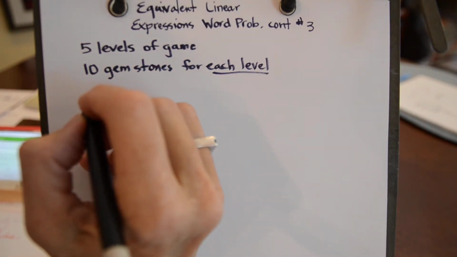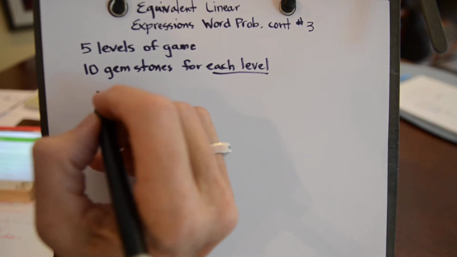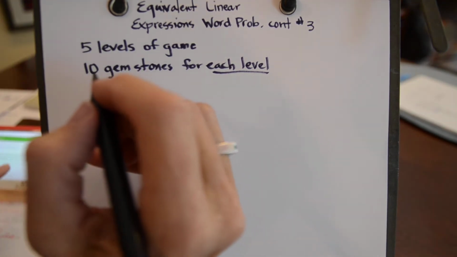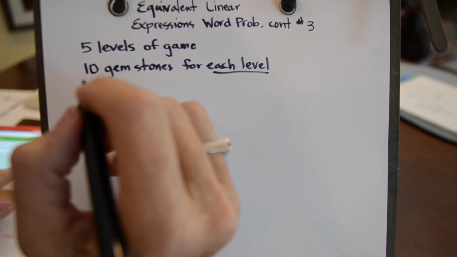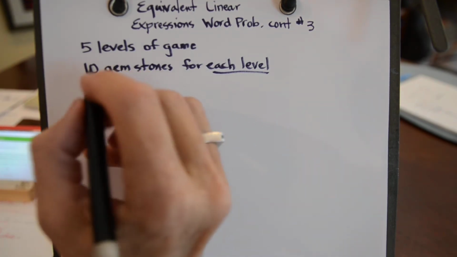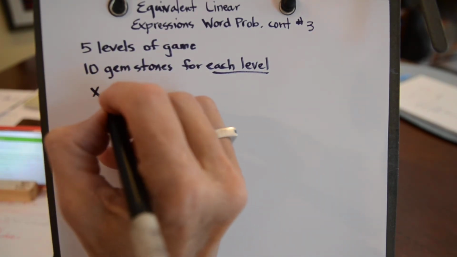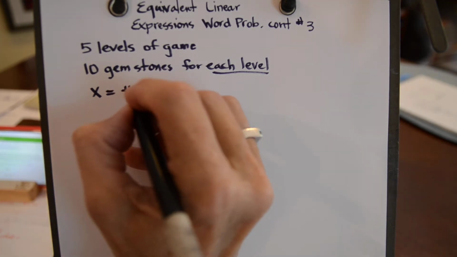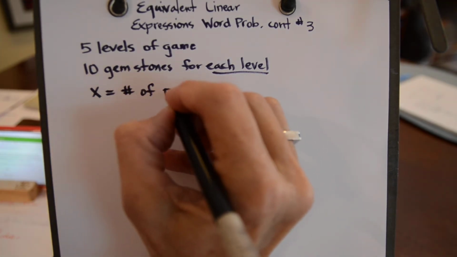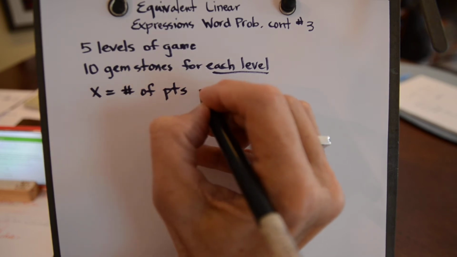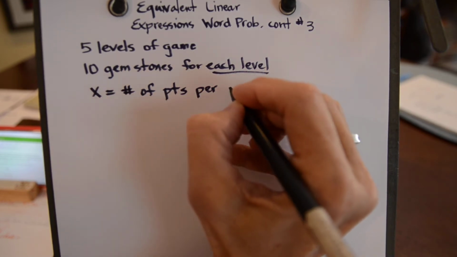And then it says he's earning X points per gemstone. So X equals the number of points per gemstone.